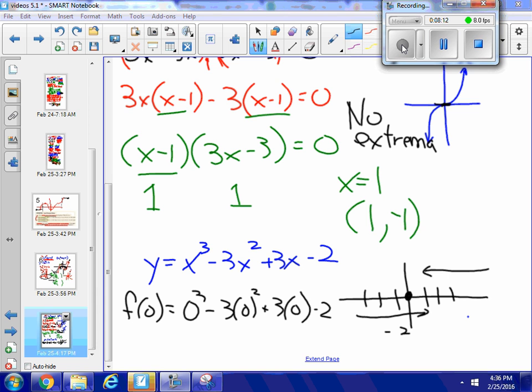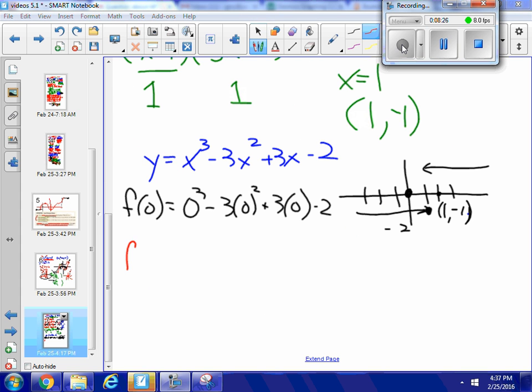I'm trying to get it for x. Here's my point, this is the point (1, -1). That's my critical point. Well, what does it equal where x equals 2? Where x equals 2, I have f of 2, so that would equal 2 cubed minus 3 times 2 squared plus 3 times 2 minus 2.